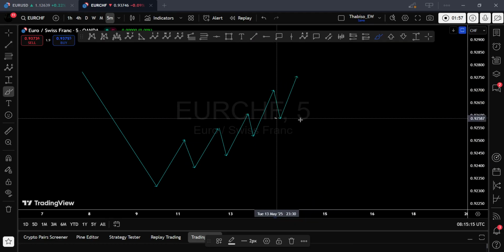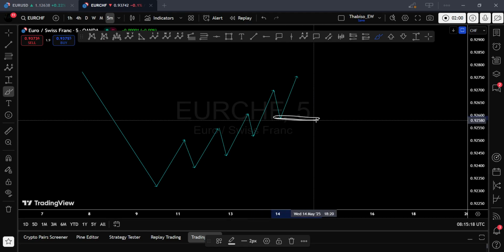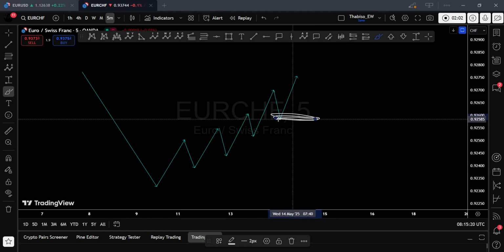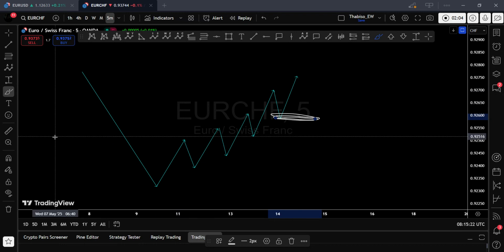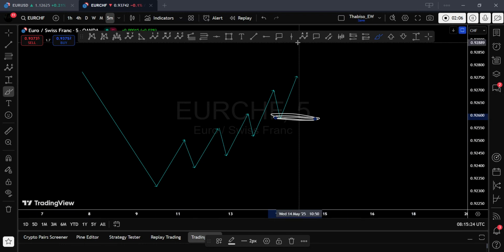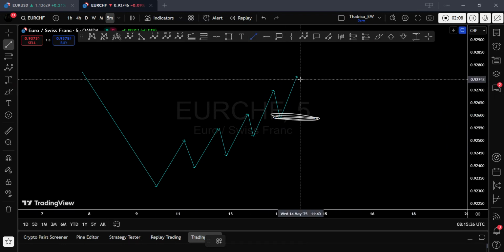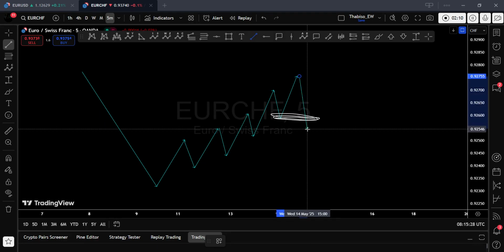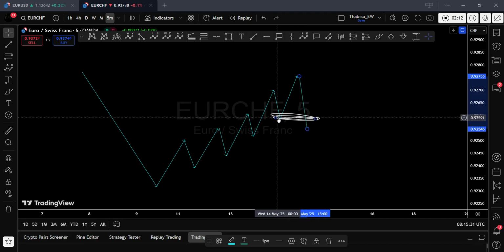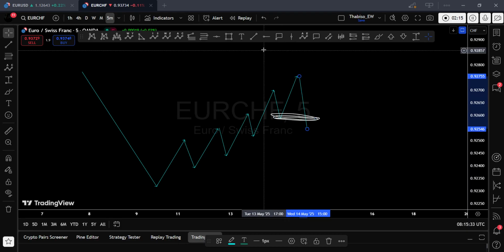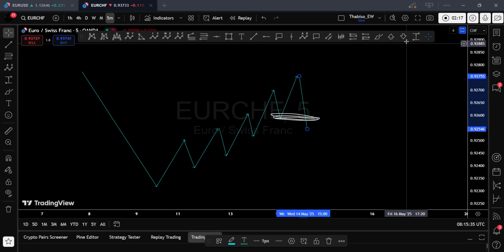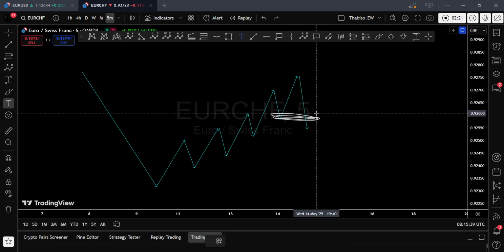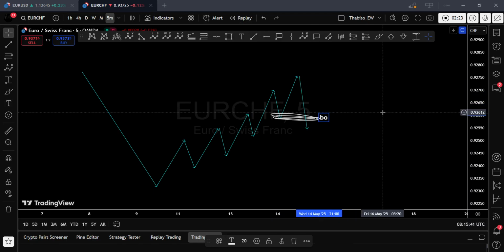But for some reason, if price comes down and breaks this previous higher low, we call this a BOS, break of structure. So this will be BOS.